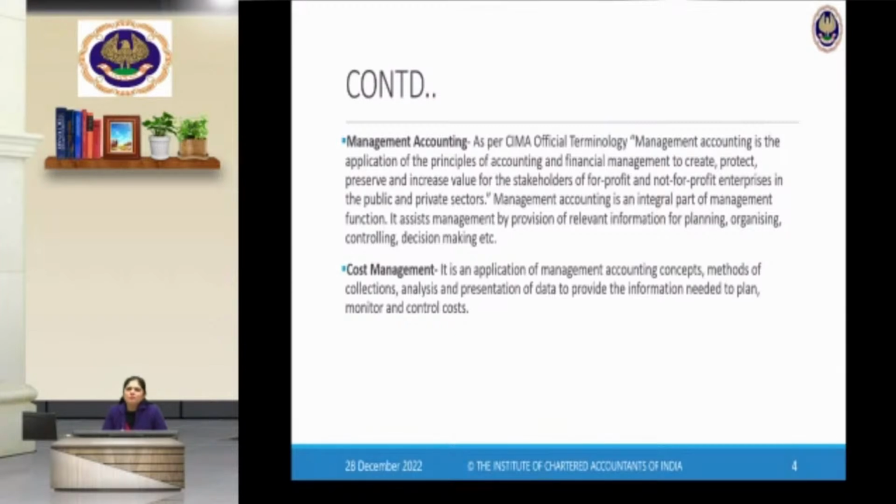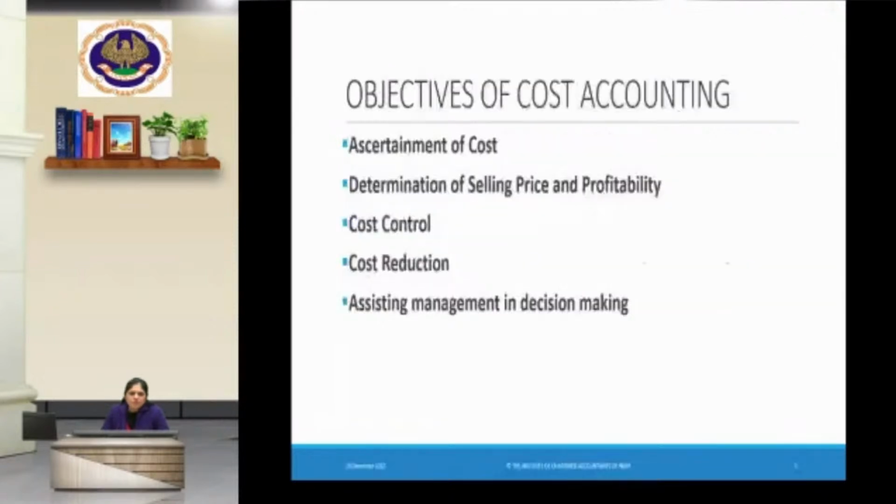So in cost management, the whole focus is not on the stakeholders; it is on controlling the cost, monitoring the cost continuously and consistently. In management accounting, everything is basically to increase the value of the stakeholders. So that is how it goes, the introduction part.